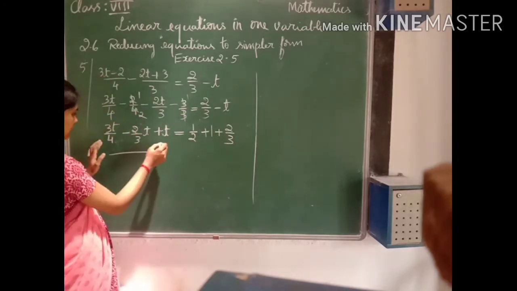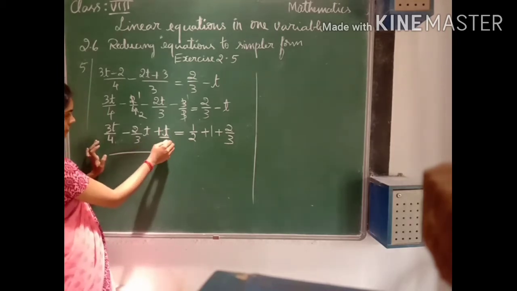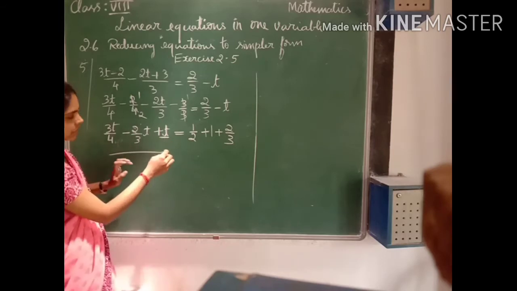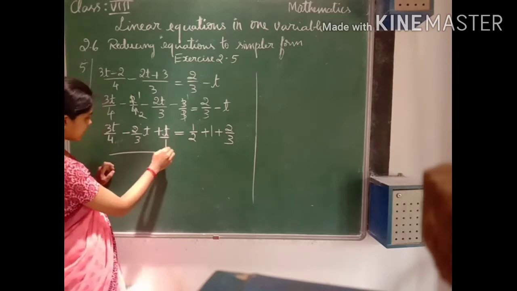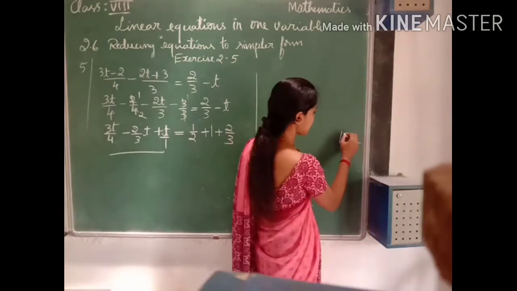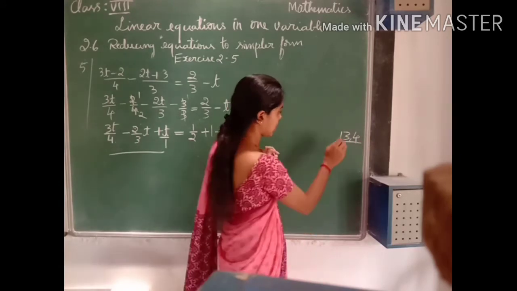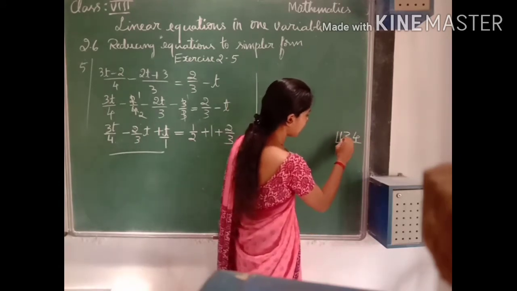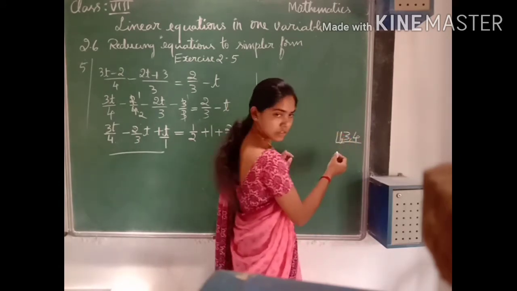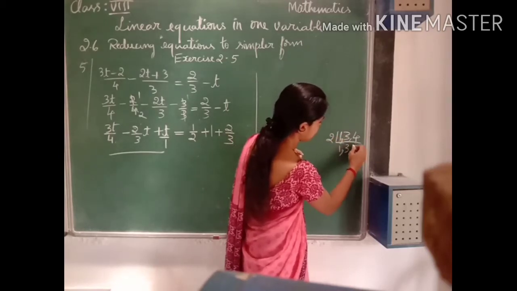Let us take the LCM of these terms because the denominators are different now. Whenever there is no denominator, consider it as 1. Let us find the LCM of 4 and 3, 3, 4 and 1. First 2, 2 2s are 4.